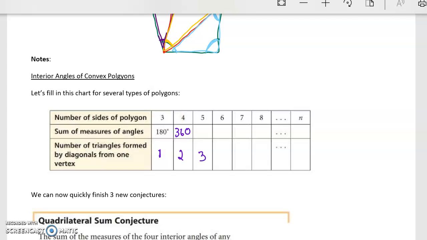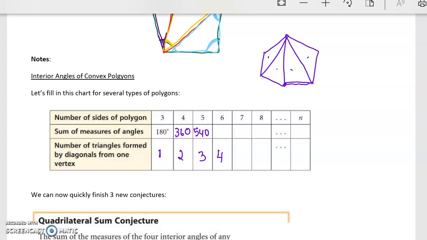Pentagon, we can make 3 triangles. If we do 3 times 180, we get 540. So let's do one more. Hexagon has 6 sides. This is not the most beautiful hexagon, but you get my idea. Connect one vertex to all other vertices. We make 1, 2, 3, 4 triangles.